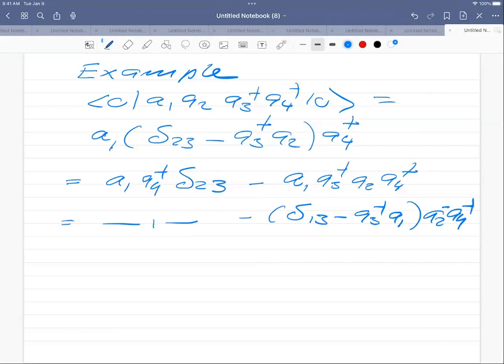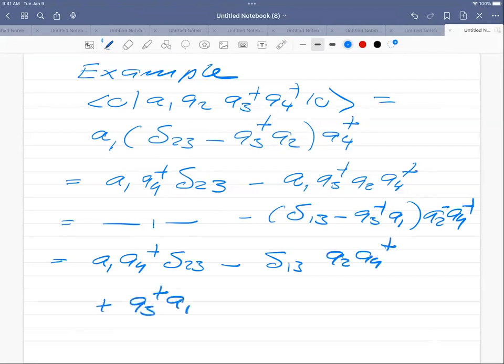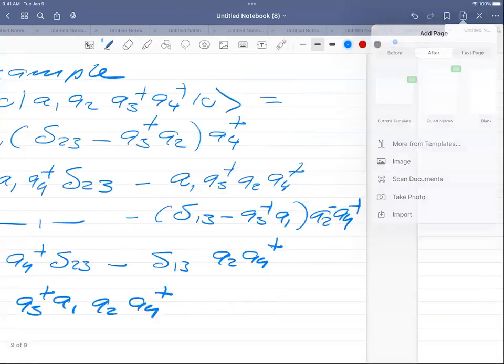So what I would get then, if I write things out, I have A1, A4 dagger, delta 2, 3, minus a delta 1, 3, and then A2, A4, plus this A3 dagger, A1, A2, and A4. And now I'm going to rewrite this further in terms of a set of new applications of these anti-commutation rules. So I'm going to get an expression for the final ones so that when I put everything together, I'm going to get something which looks like this.